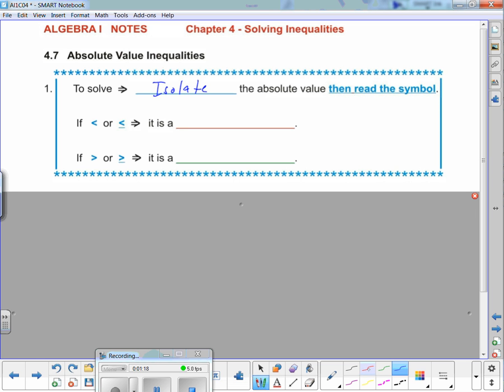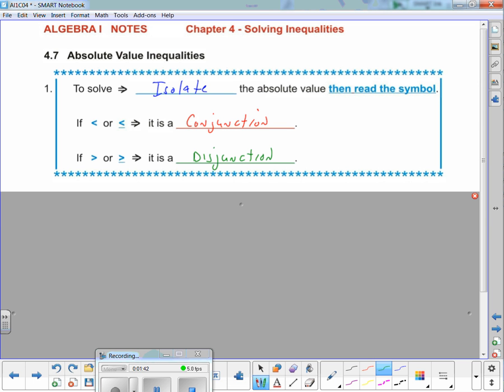All right, here's how it goes. If it's a less than or equal to, it is a conjunction. Another reason why we just learned conjunctions. See, an absolute value inequality is either going to be a conjunction or a disjunction.